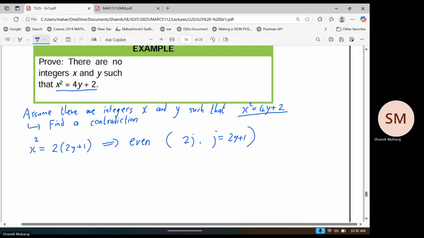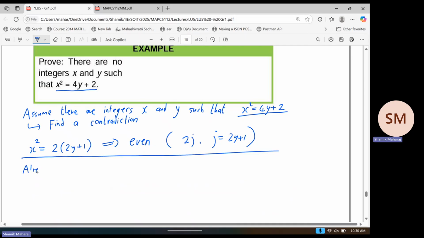X squared is a bit high up. Let's bring it down. X squared is even. So yes, we proved in the previous question that if x squared is even, then x is also even. So let's note that information.